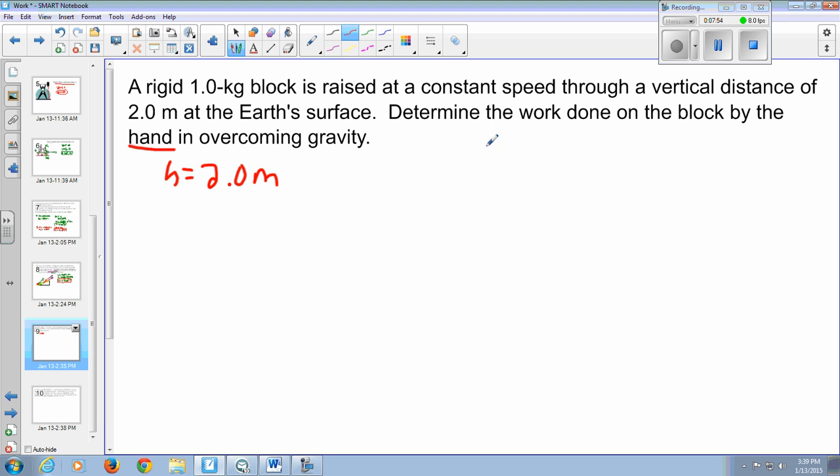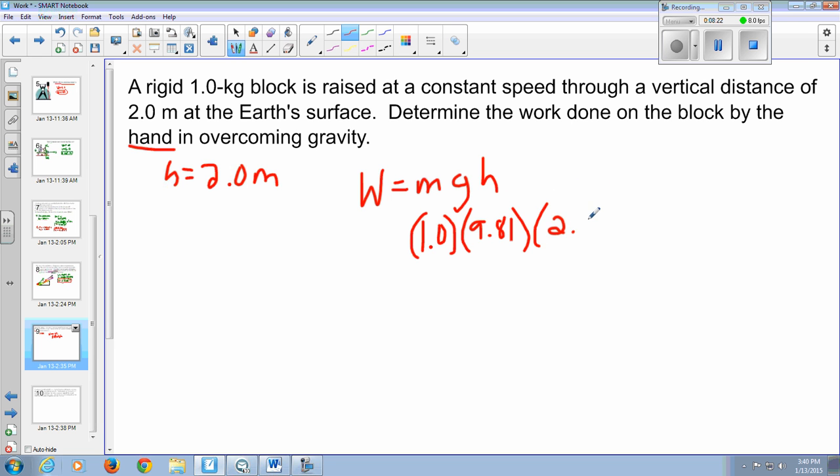So for determining that, work equals mg times h. The mass of the block is 1 kilogram. That is already in fundamental units, so we don't have to convert. g is 9.81, and the height is 2.0 meters.